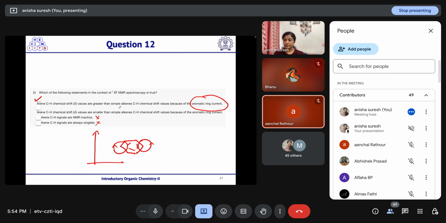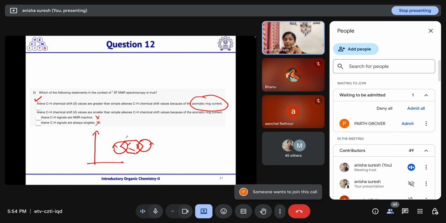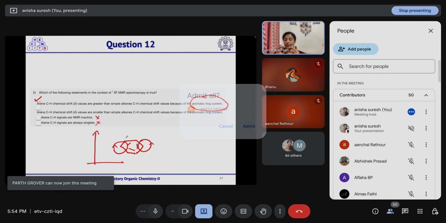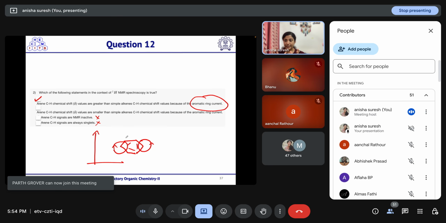Ma'am, could you please explain it once again? We have seen that if we keep a benzene in an applied magnetic field, it will generate a ring current across the ring.